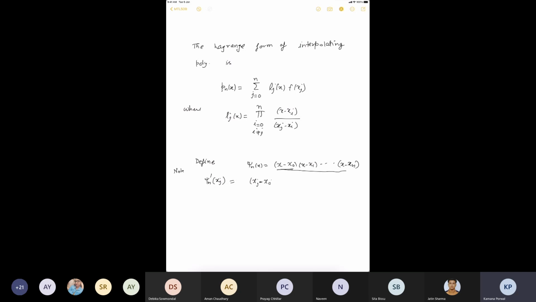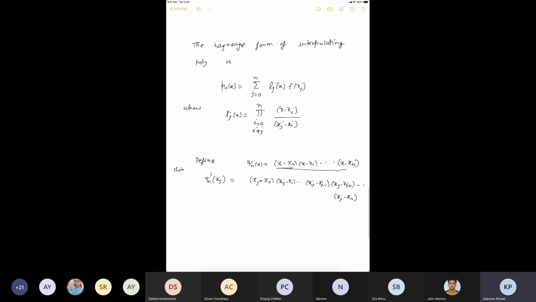So we will have xj minus x0, xj minus x1, up to xj minus x(j-1), and then the next term will be xj minus x(j+1), and this will go up to xj minus xn.